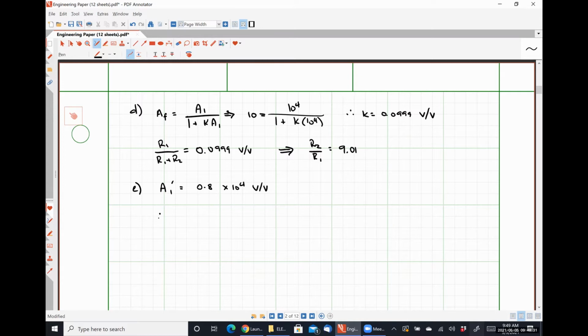So from this, using the values from part D, our closed loop gain is going to be 0.8 times 10 to the 4 volts per volt divided by 1 plus our K value from part D, which is 0.0999 volts per volt, times our open loop gain, which is 0.8 times 10 to the 4 volts per volt.